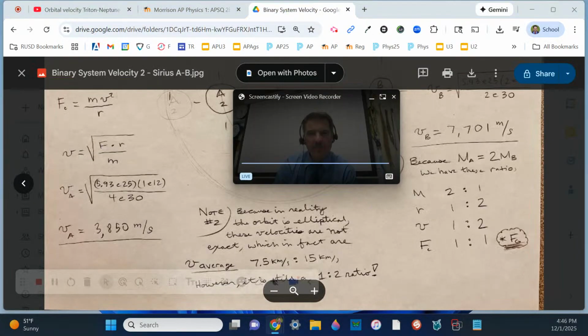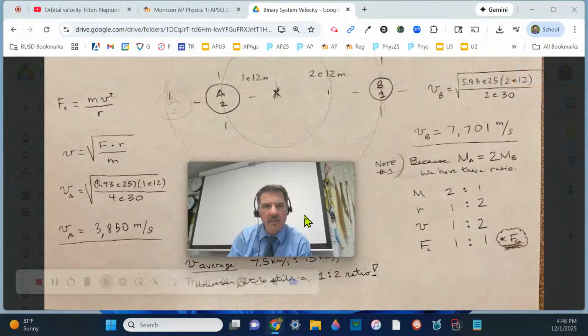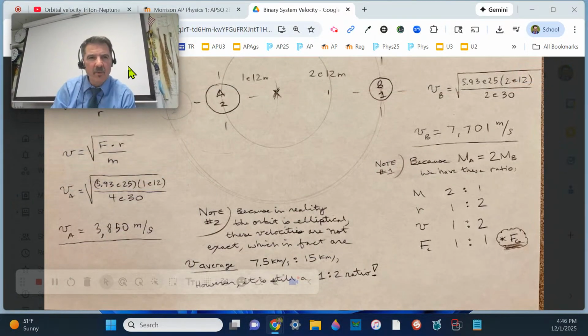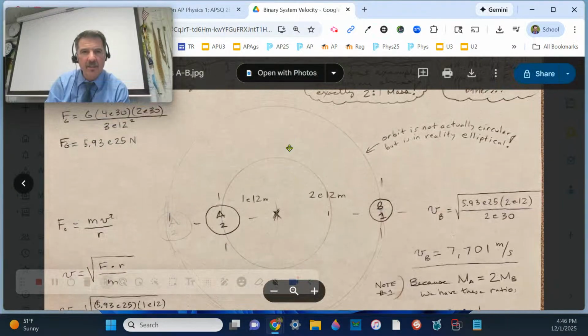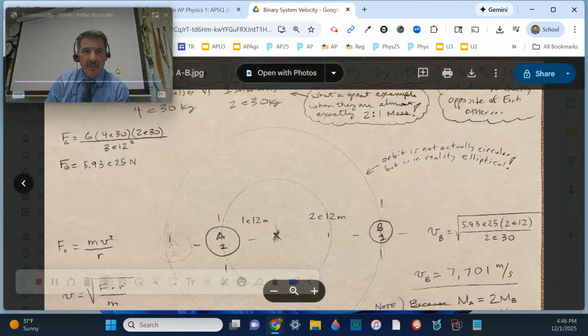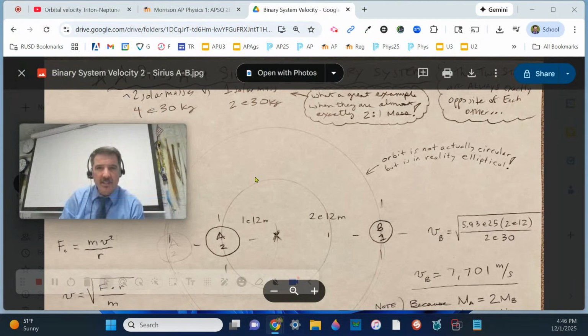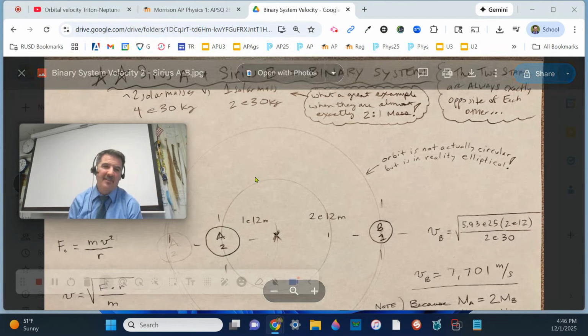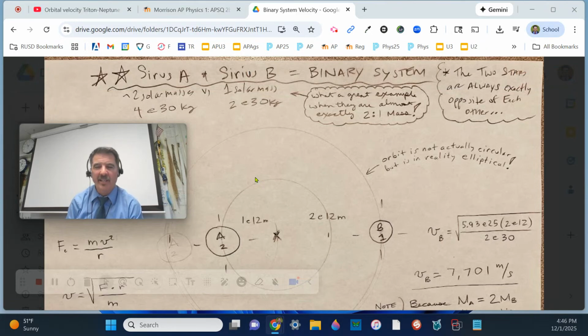It's a pretty cool way to look at it, and hopefully it all makes sense now. And what a great example to have Sirius A and Sirius B have such easy numbers to be able to work this out. So anyway, as a little rabbit hole for you, I'll talk to you later.